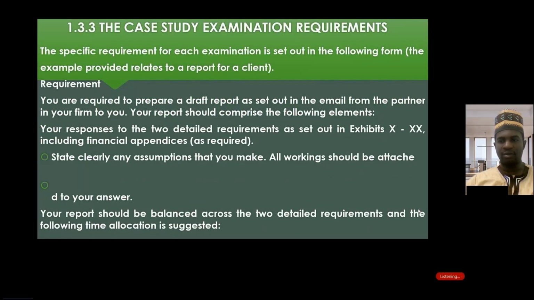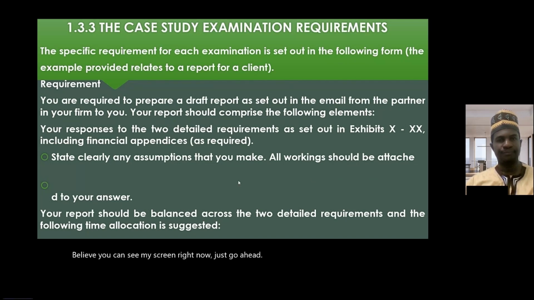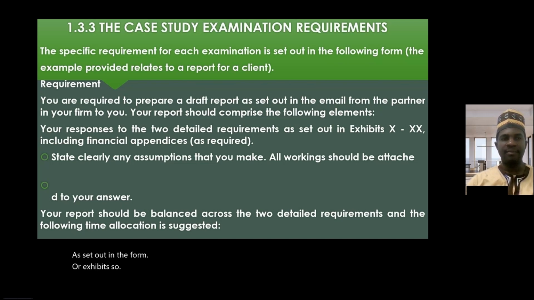Okay, so you have specific requirements for each of the exams as set out in the exhibit. There are two requirements principally where you have to draft a report from the emails you are given from the partner of the firm where you work or the organization where you work.